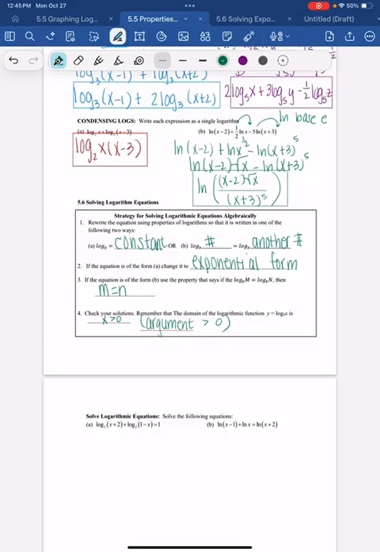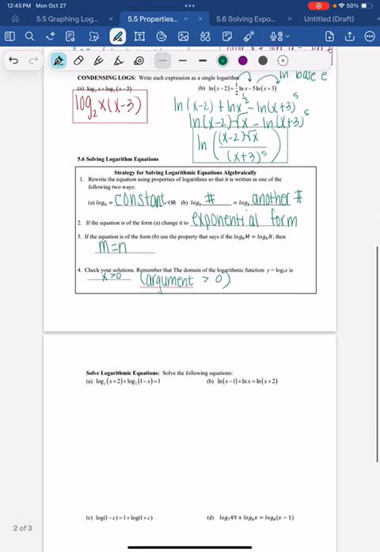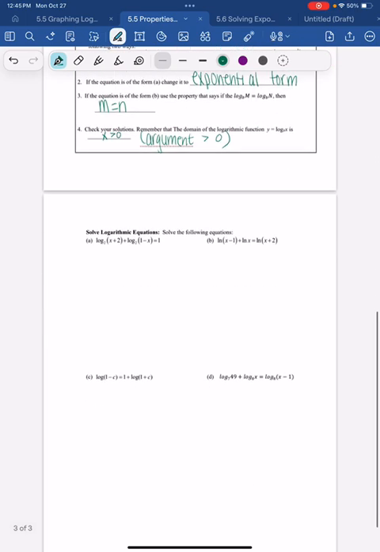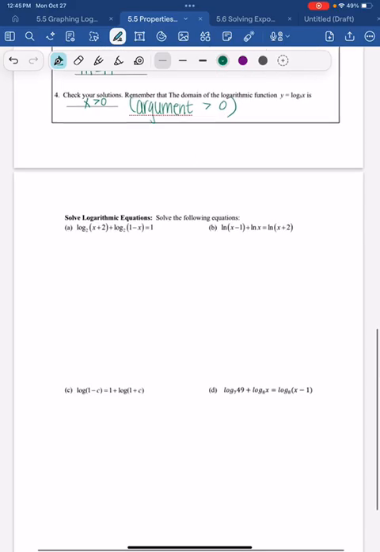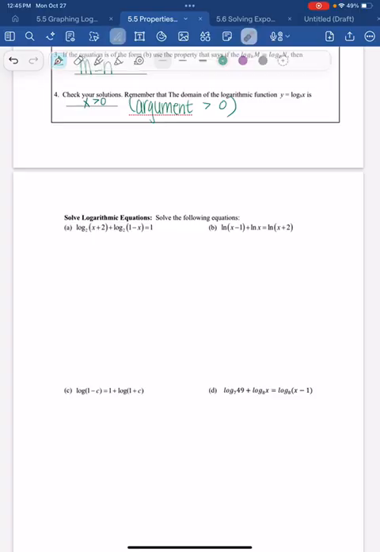Okay, so now we're going to solve some equations. Okay, so the first one, we have the log base 2 of x plus 2 plus the log base 2 of 1 minus x is equal to 1. So first thing I have to do is condense this into one log. When you add logs, you multiply the arguments.